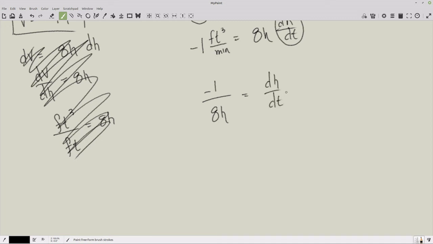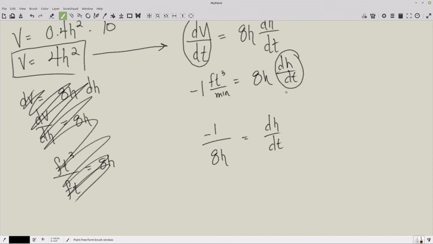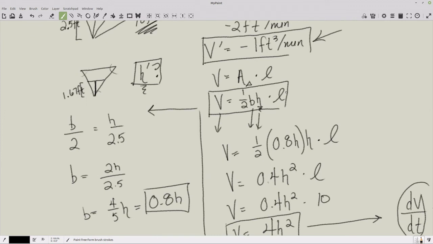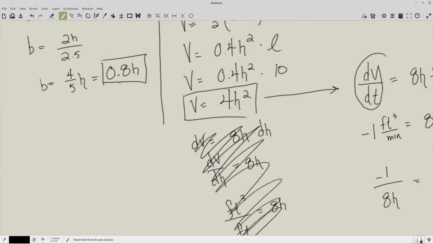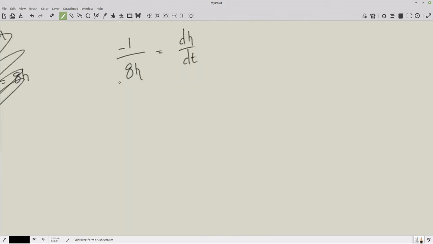That's wonderful. I've actually created a formula that tells me at any given point what that unit change will be. But I actually have that point, so we can solve for it. This is the height, right here. It told me 1 foot 8 inches, and 1.67 should be roughly accurate. So what I can do now is say -1 over 8 times 1.67.